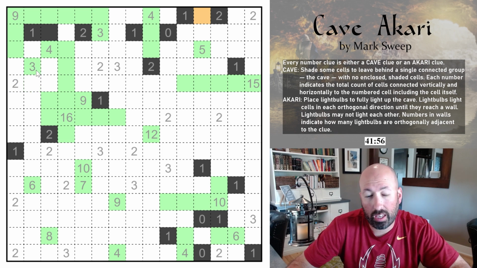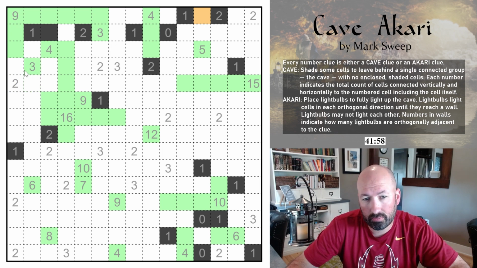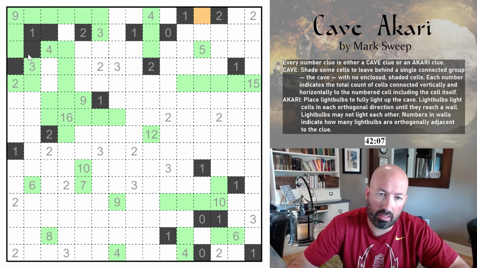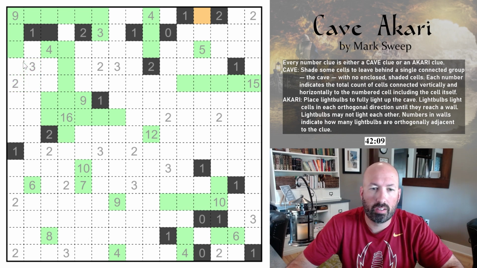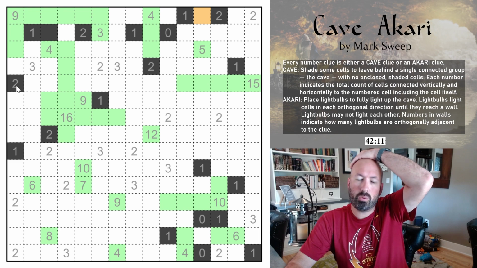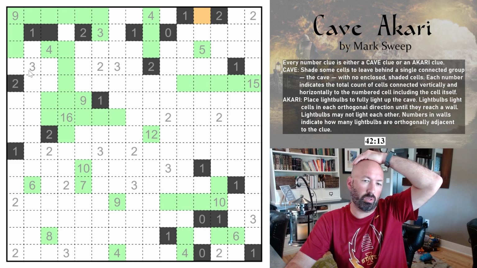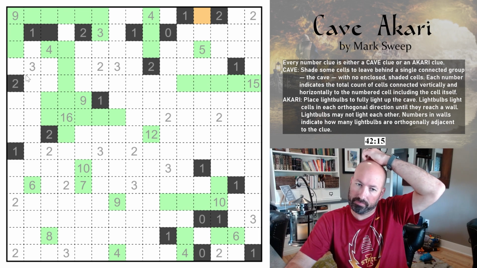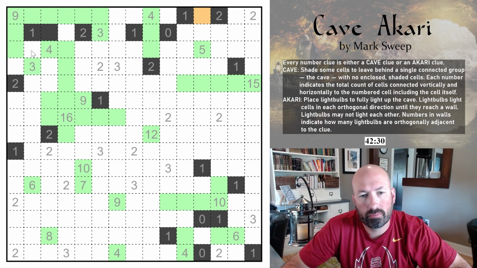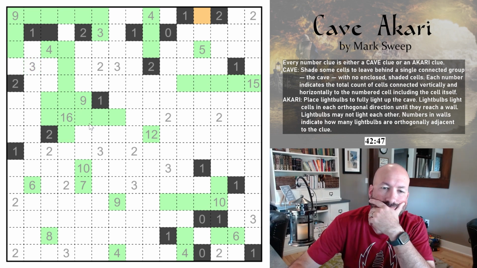But if this one is cave, you also can't make this one cave. Because you'd have to have that, and then you're going to create a checkerboard pattern. So this one has to be wall, whether the 3 is cave or wall. Essentially.